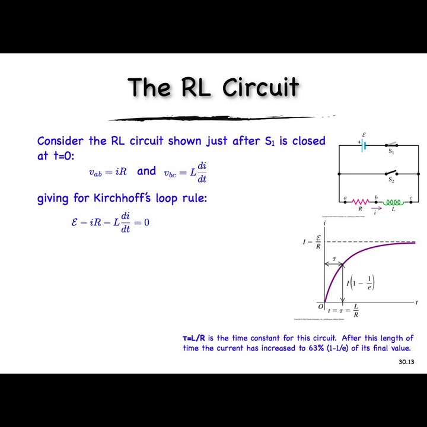Okay, so the current is increasing, di dt is positive, we get a positive voltage drop. The voltage here is higher than it is there. That's going to... now I've confused myself. That's not helpful.